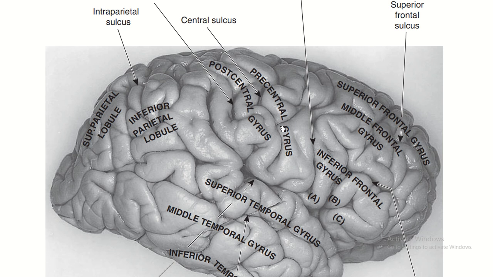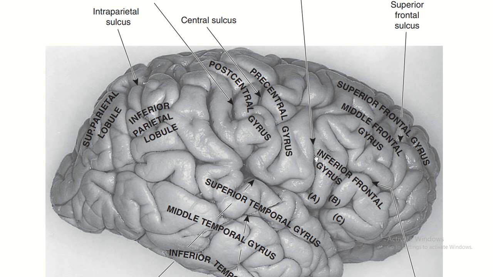So this is your central sulcus. Parallel and anterior to the central sulcus, a groove that is parallel to it is going to be your precentral sulcus. So between your precentral sulcus and your central sulcus, you have your precentral gyrus. And that precentral gyrus is involved in the primary motor cortex, primary motor area, right?